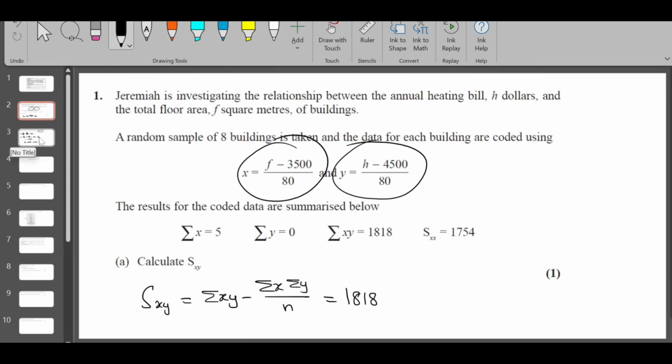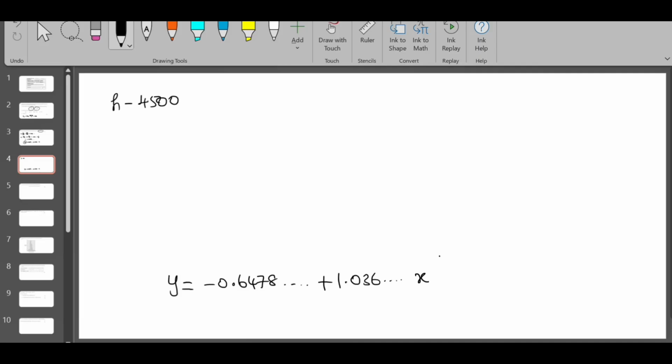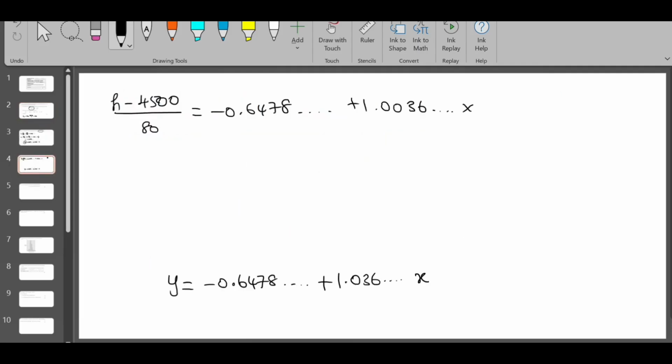So the equation is going to be H minus 4500 over 80, replace y by this, is equal to A, do not round the figure now, plus B times x. Replace x by this, F minus 3500 over 80.